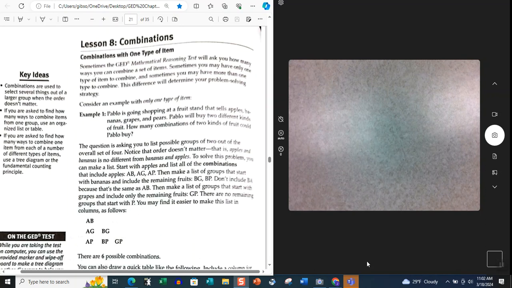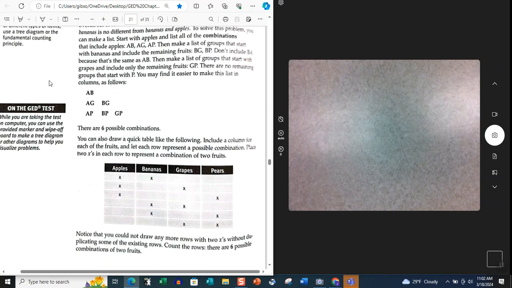You may find it easier to make this list in columns as follows. So what they did here, they put all of the apple combinations here, the banana combinations, and the grape combination. Okay, now there are 6 possible combinations. You can also draw a quick table like the following.